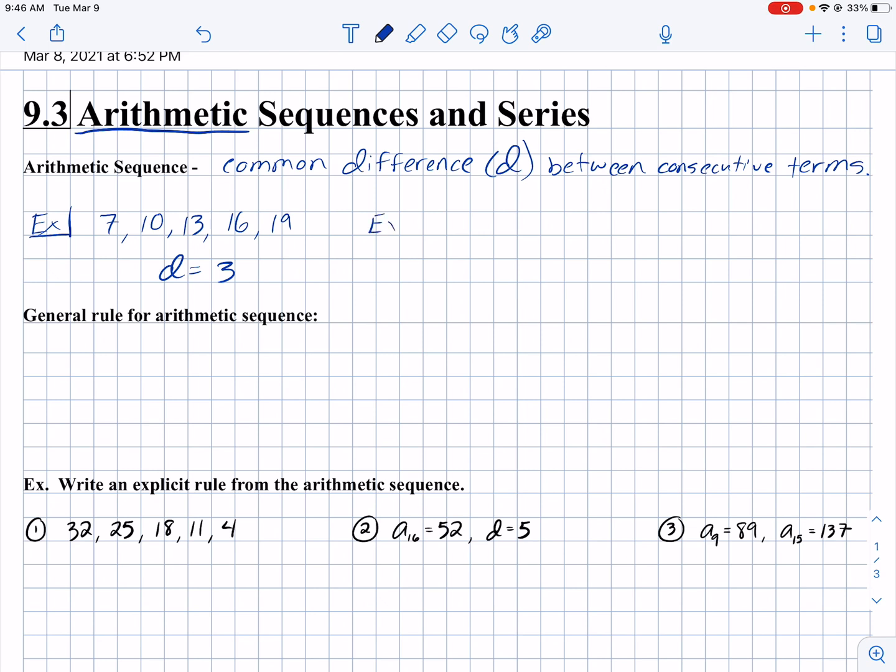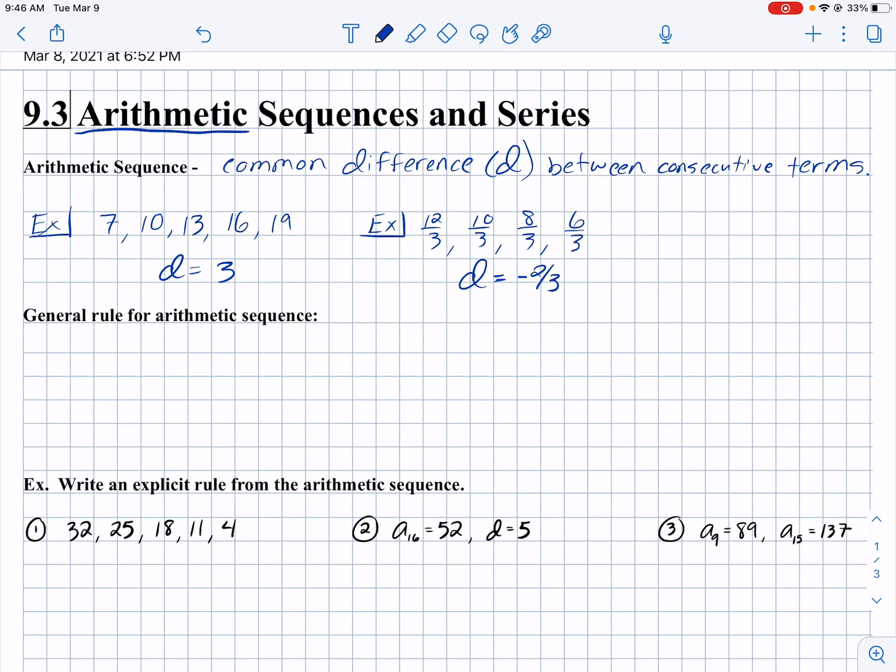Here's another example. This would be an arithmetic sequence because our common difference is negative 2/3 in between consecutive terms, and so on and so forth. You've even written rules for these arithmetic sequences, right?